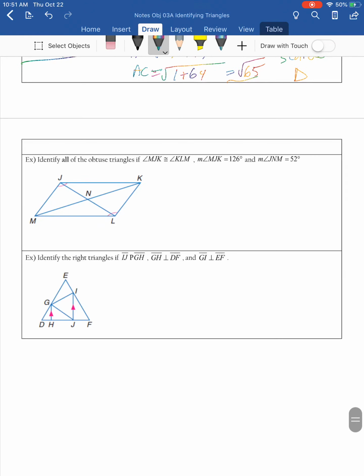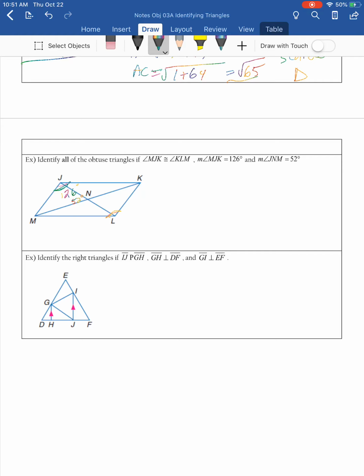Okay. Identify all of the obtuse triangles. If MJK, so MJK, this angle here, is congruent to KLM, and MJK is 126, and JNM is 52 degrees.